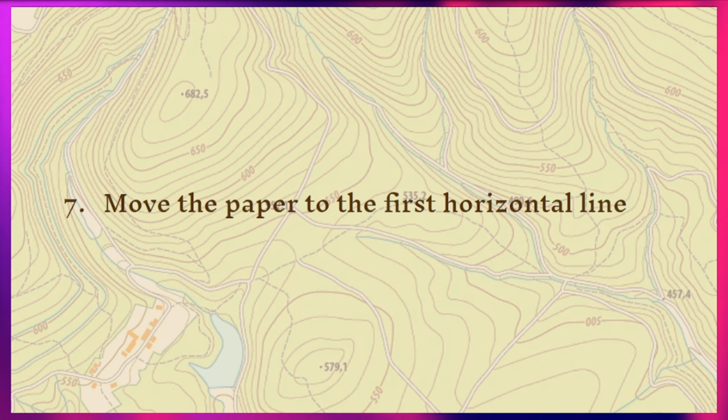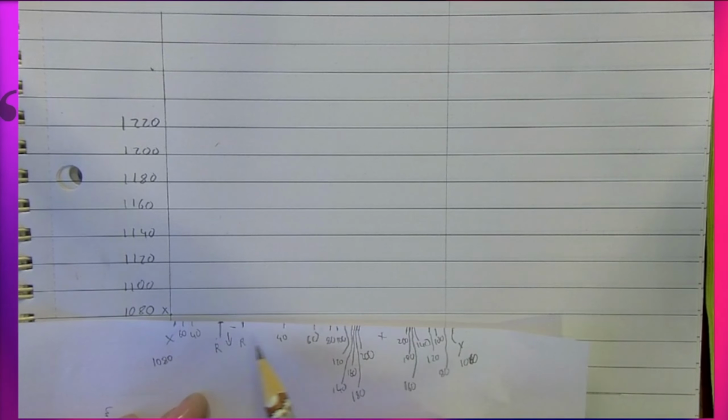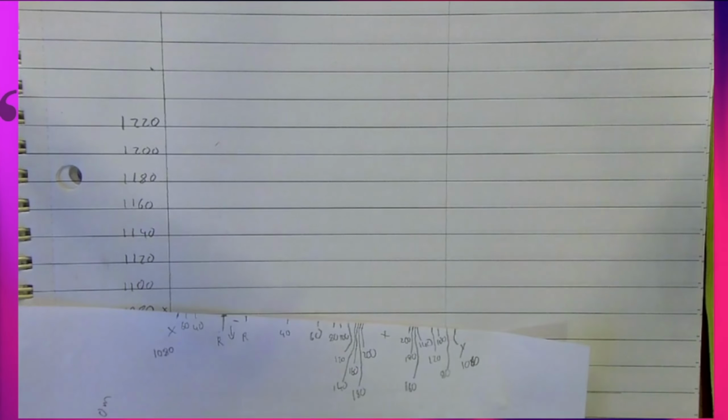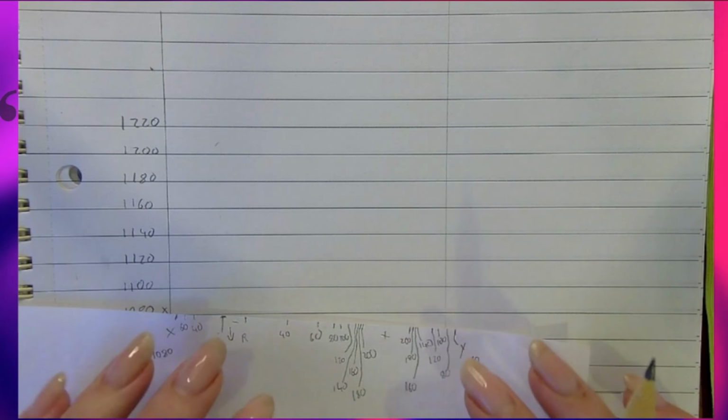Now if we move our paper to the very first horizontal line at the bottom, we are going to check to see if there are any points that match with that height. As we look across, we can see our bottom line is 1020, and no, there are no values over here that are 1020, because remember our lowest value was 1040.